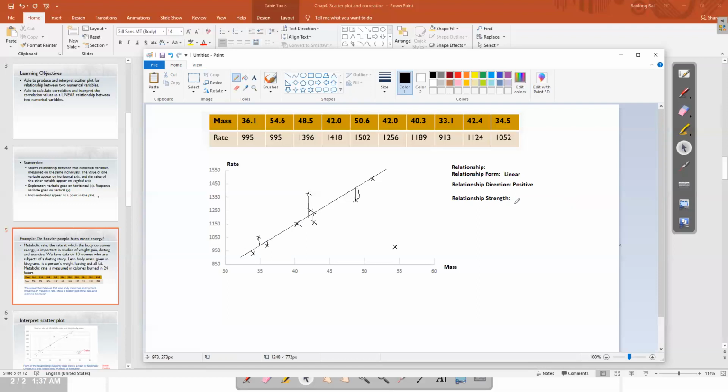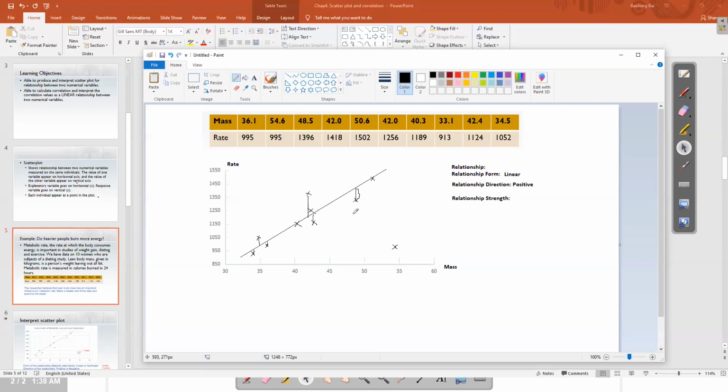So how do we evaluate relationship strength? We're going to look at the total amount of deviations, okay? If the total amount of deviations is small, which means the points are close to the proposed form, then for that kind of relationship, we call it a strong relationship.